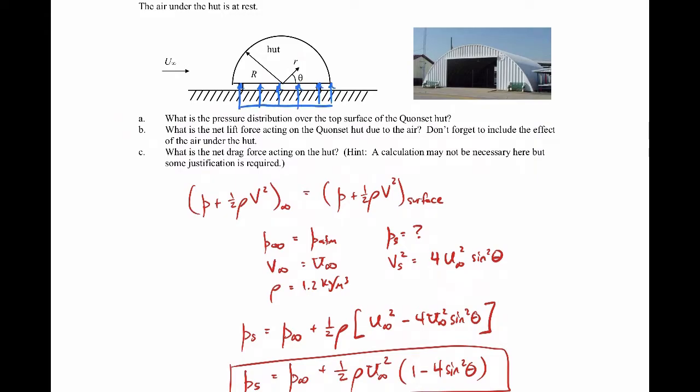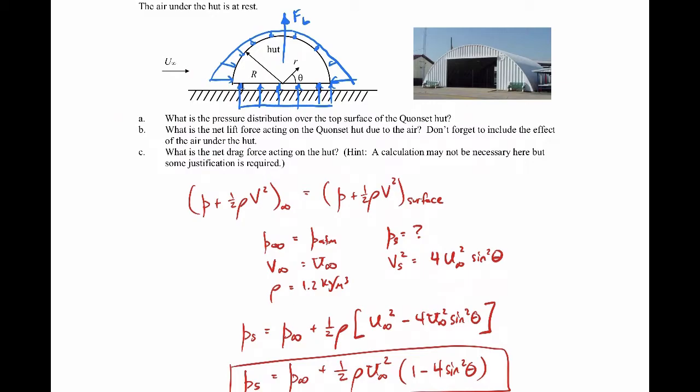And then over the surface we have a pressure that decreases over the top and then increases again toward the side. So here's the pressure distribution over the top. So you can see we have a higher pressure on the bottom than we do on the top, and so therefore you'll get a net lift force on the hut. So it'll want to lift off the ground, right?